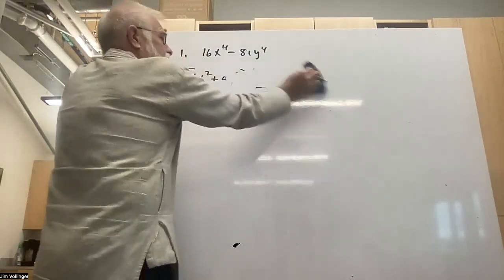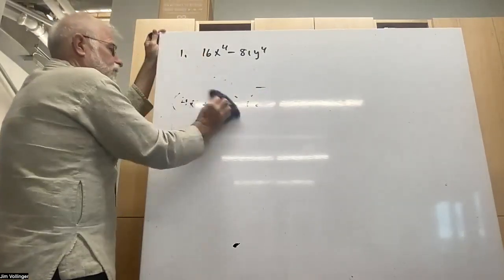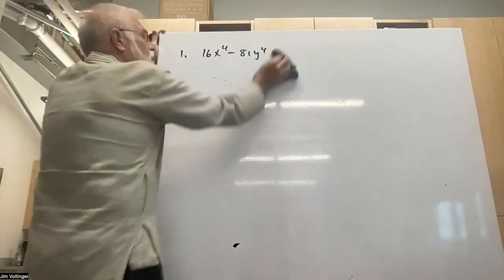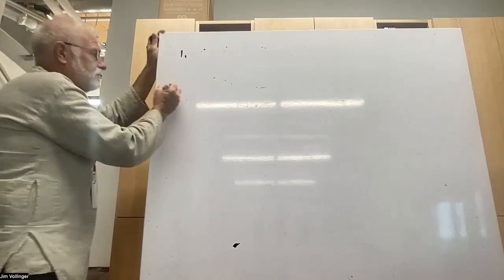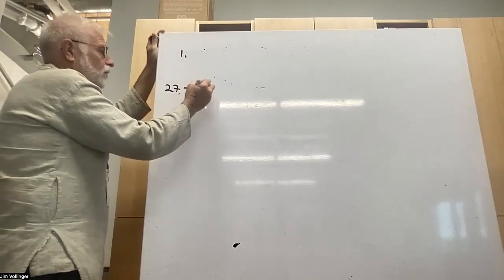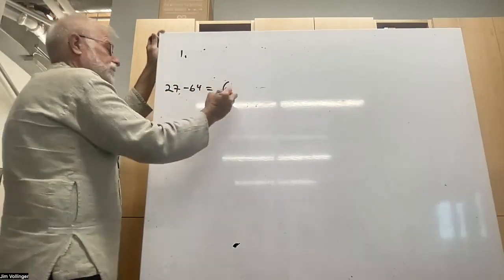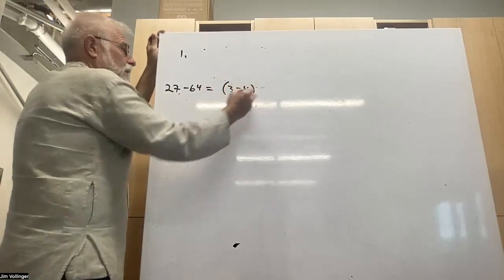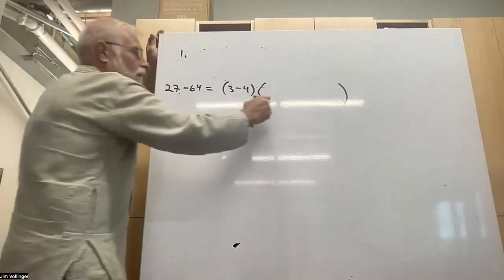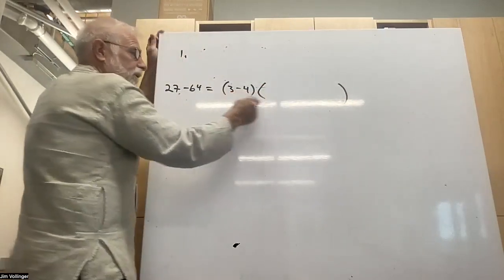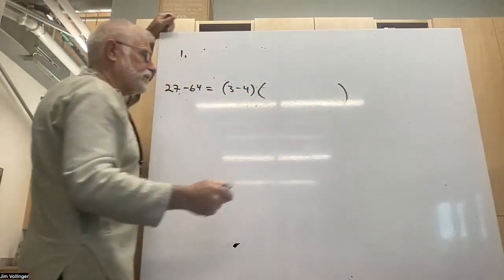All right, number 2. 27 minus 64. Hoping that you're getting more familiar with those perfect cubes. So 27 minus 64, we work with the cube roots, which in this case are 3 minus 4. That's not going to be hard to work with. And then we build off these 2 numbers now. Build what's in this parentheses.